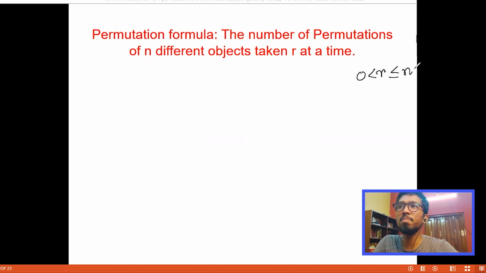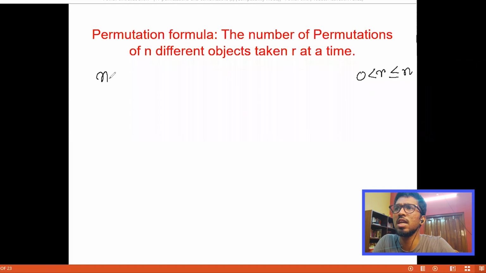So what is nPr? This number we will denote by nPr. Suppose we have n different objects and we are taking r objects from these n different objects, and we are finding the total number of arrangements. This total number will be denoted by this notation, as you can see. We can denote it in different ways.